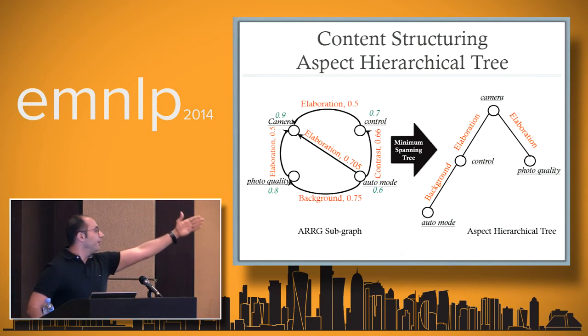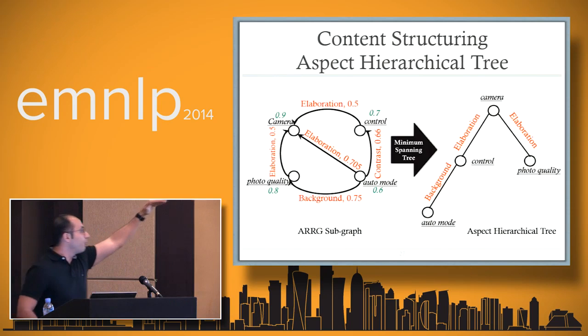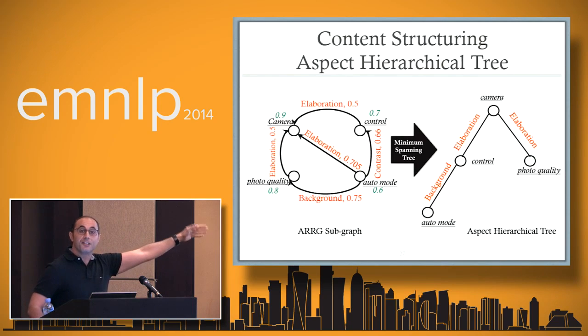You see in our aspect hierarchical tree that the camera is the root or the most general aspect, or the product itself, and then once we go to the children, it gets more specific. And also we can see the strong associations between the aspects.